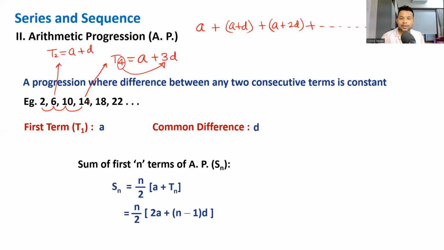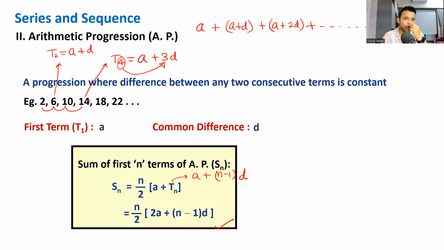The formula goes like this: n by 2 into first term plus last term. And if you put the value of the last term, which was A plus n minus 1 into D, on simplification you'll get this only, right? So these are the two versions based on the data given in the question. You should be able to figure out which one to use.